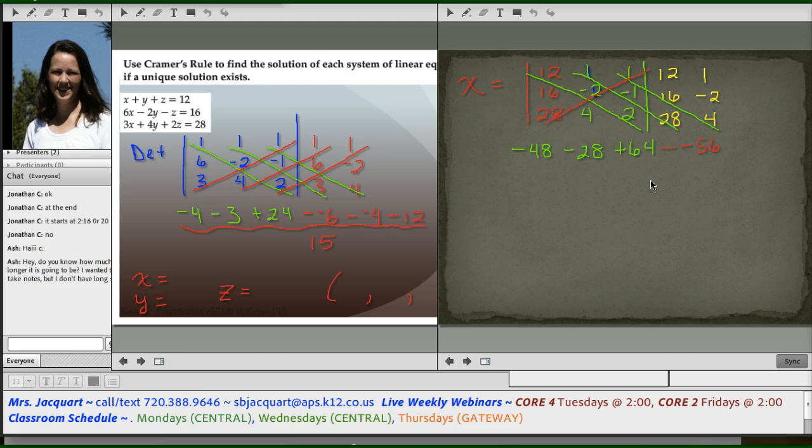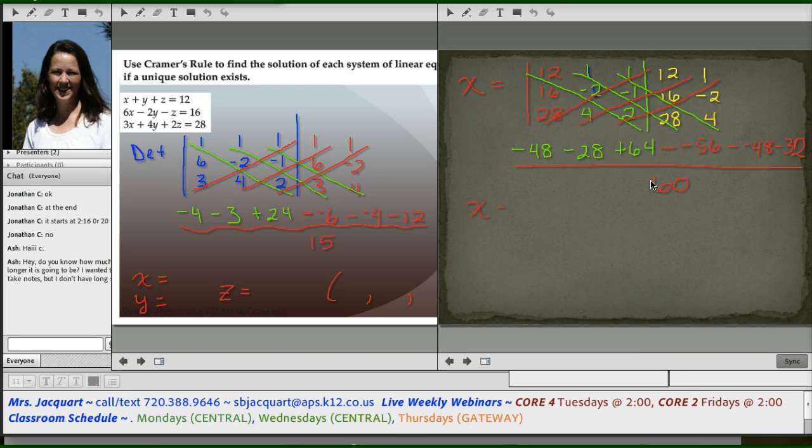And then 4 times negative 1 times 12 is minus a negative 48. And then 2 times 16 times 1 is minus 32. And when we add those all together, we get 60.